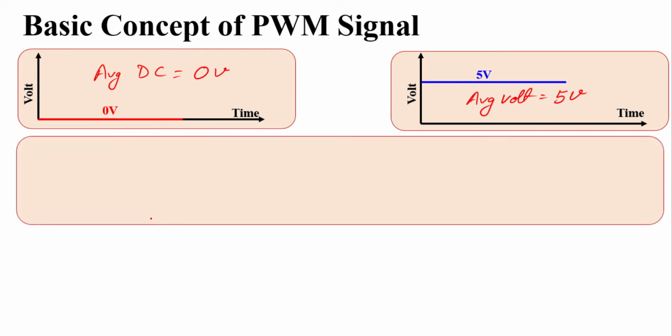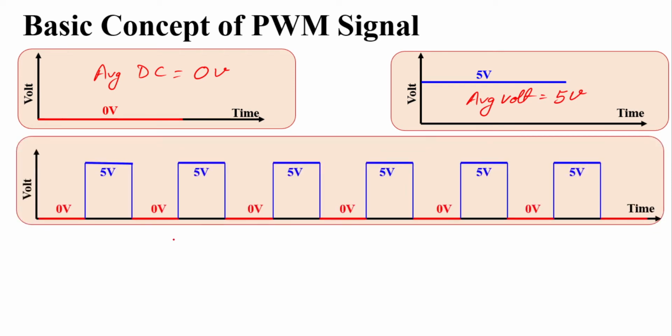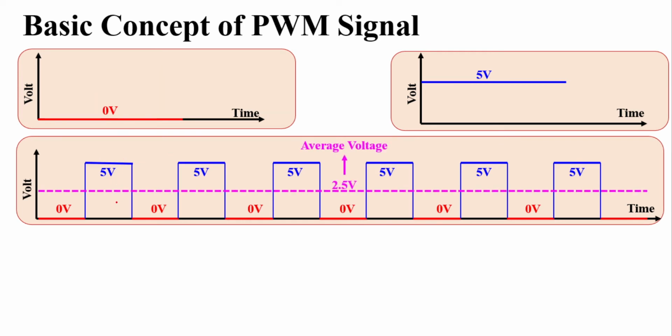But what will happen if I generate a pure square wave, which will have 0 volt and 5 volt both with 50% duty cycle? That means 50% of the time we have 5 volt and 50% of the time we have 0 volt. In such case, when we have a pure square wave, the average DC value is 2.5 volt, which is represented here by the pink line.